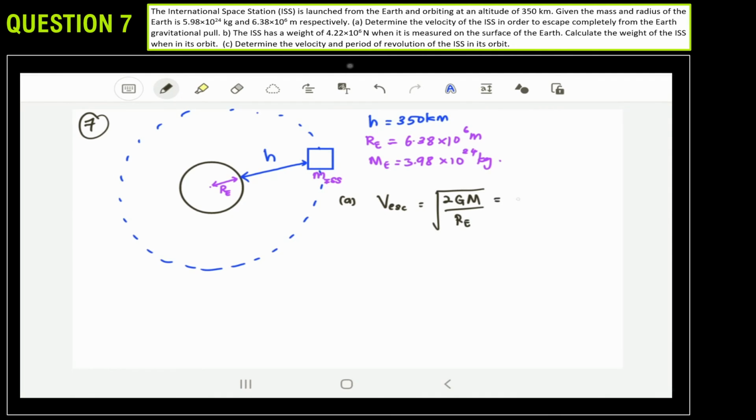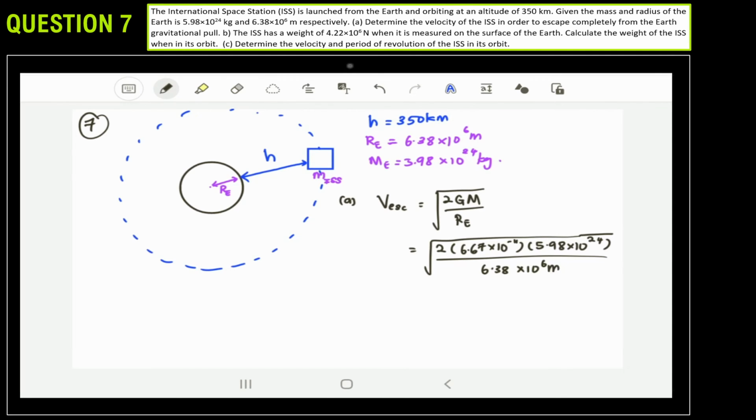Okay, so square root of 2 times 6.67 times 10 power of negative 11, times the mass of the Earth, given as 5.98 times 10 power of 24, divided by the radius of the Earth, which is 6.38 times 10 power of 6 meter.